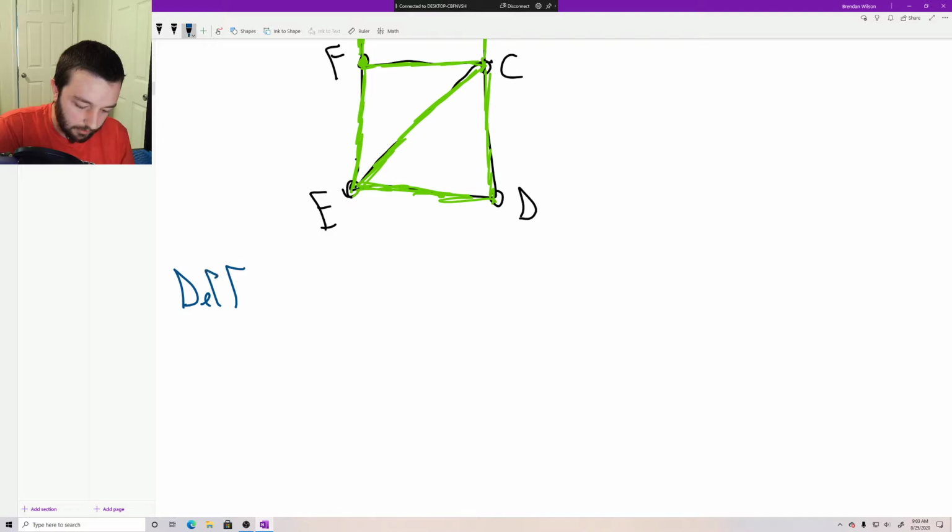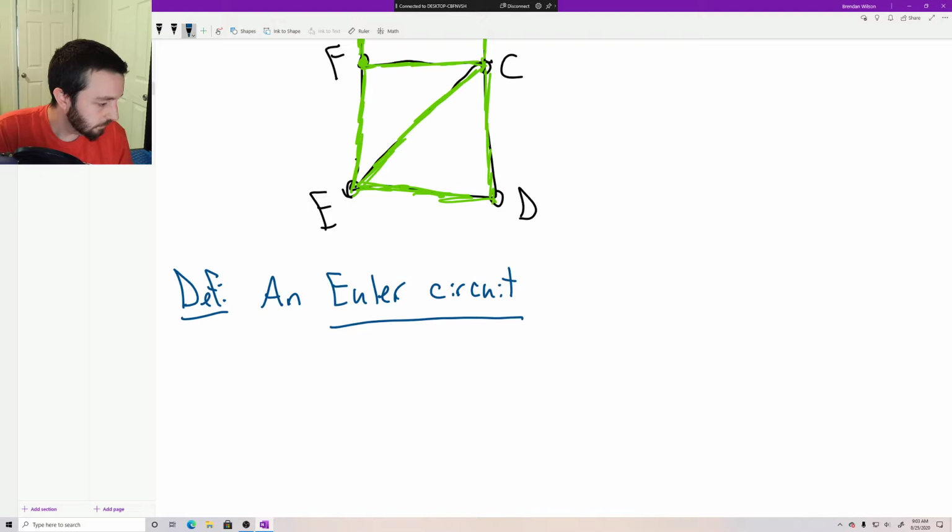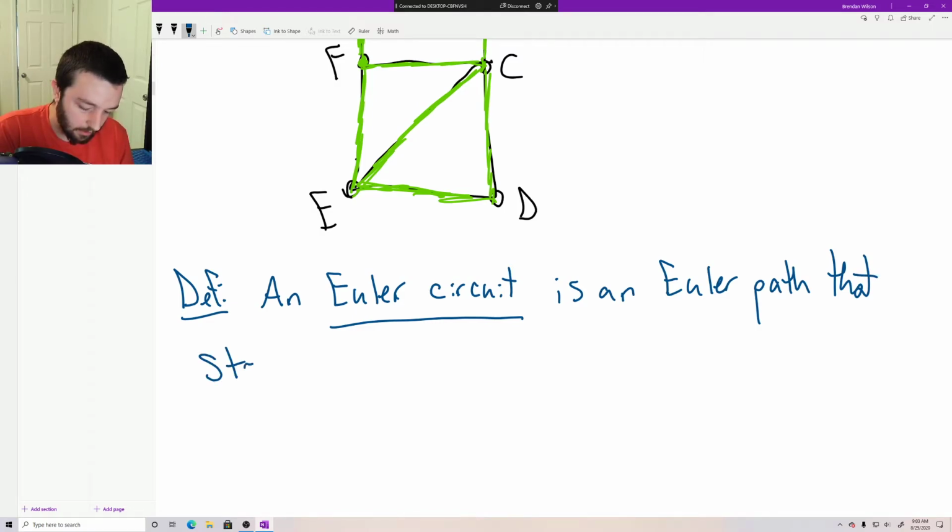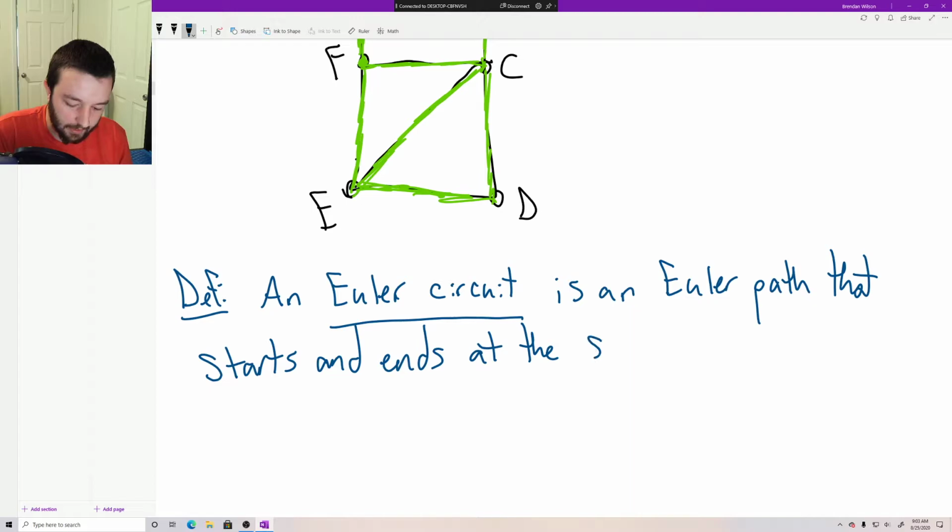So definition here. An Euler circuit is an Euler path that starts and ends at the same vertex.